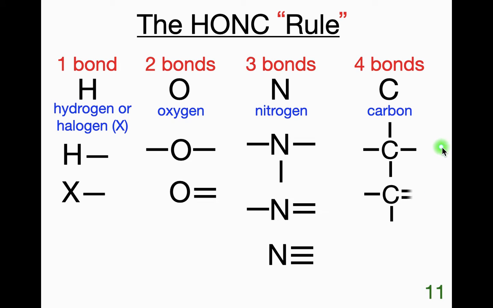And carbon will have four bonds: four single bonds, two single and one double, two double, or a single and a triple. So again, when you are drawing a Lewis structure, the HONC rule is a very, very useful tool in determining the structure, as you'll see.